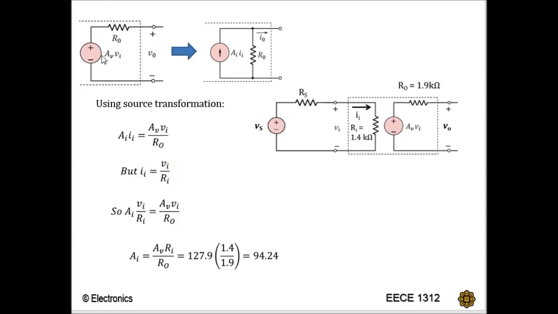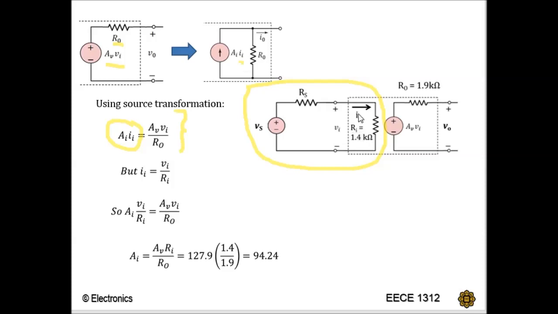Remember when we want to transform into a current source, you need to divide voltage over R0. So this is what I did. Voltage over R0, you will get current. This is your current, this is I. But I in is at the input side, so you need to calculate what I in is.